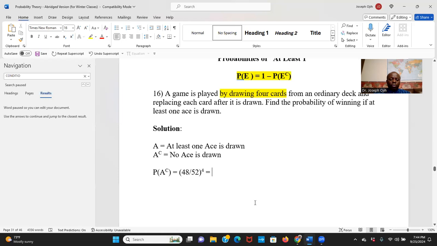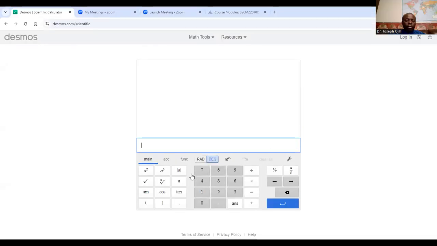So 48 over 52, raised to the power of 4, gives 0.726 rounded.